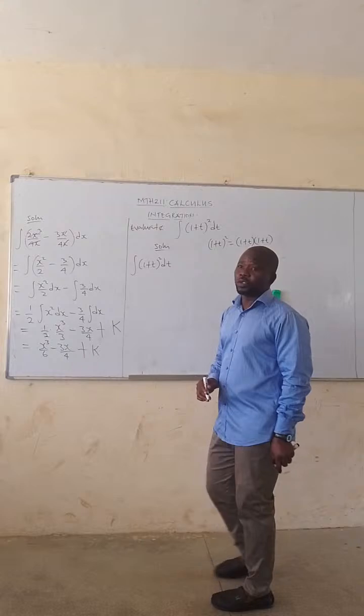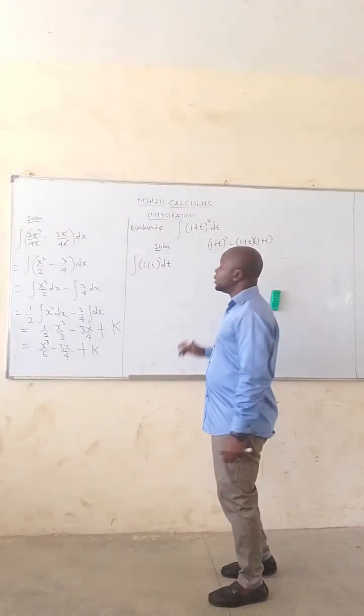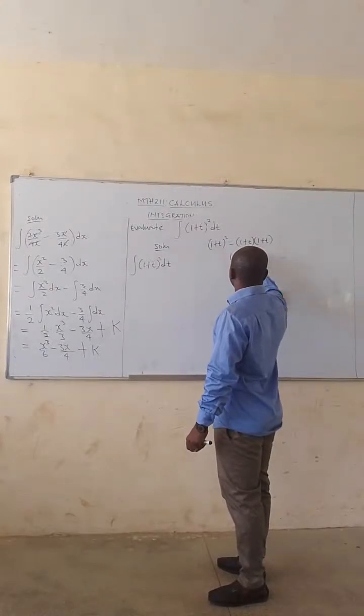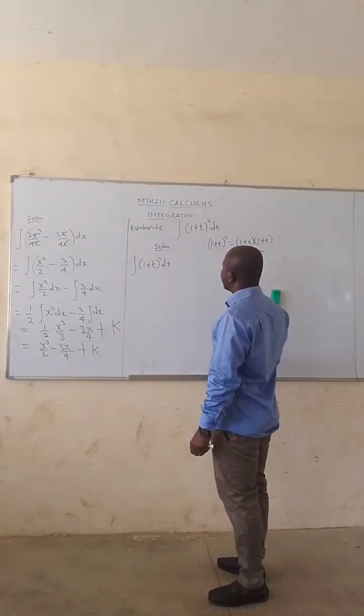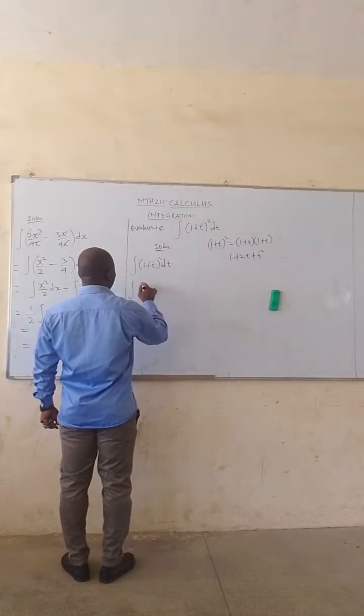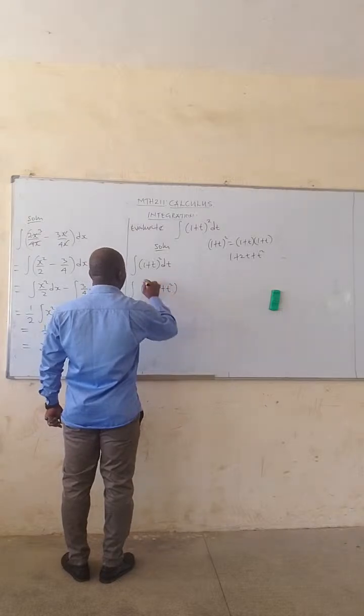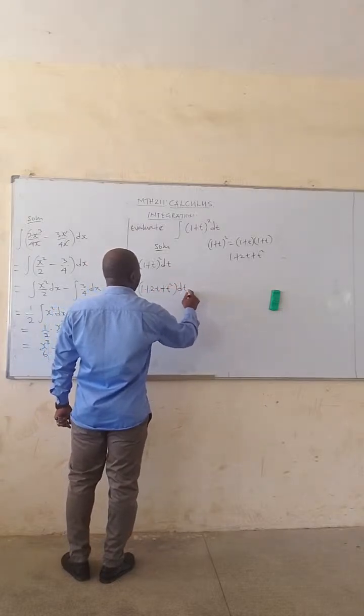So what are we supposed to have? We have 1 plus 2t plus t squared, so the integral of 1 plus 2t plus t squared dt.